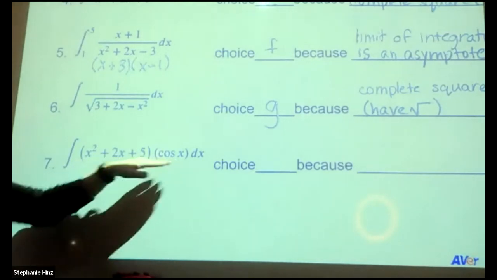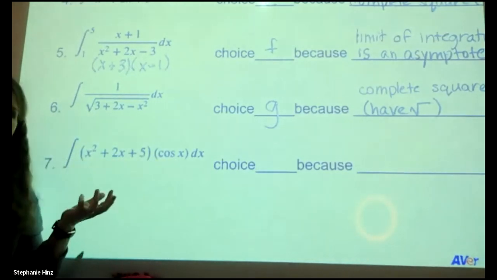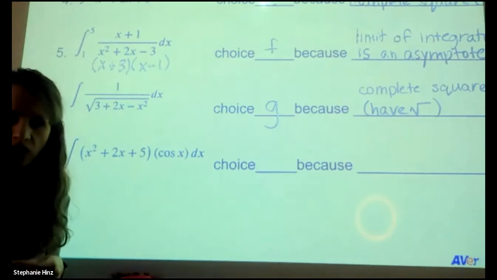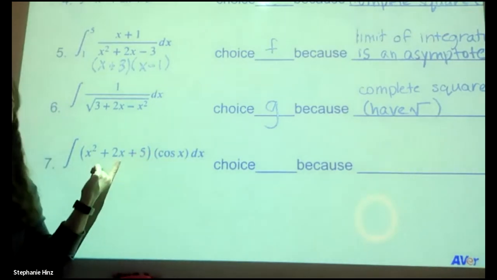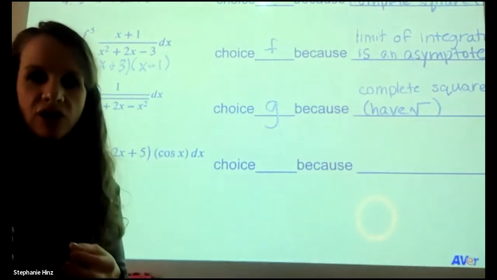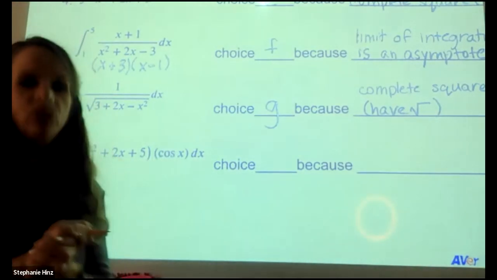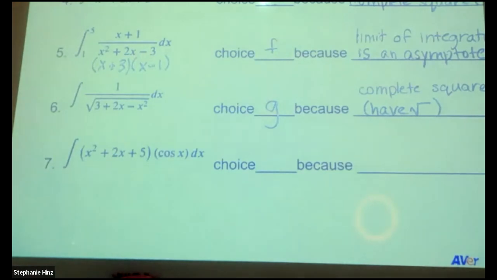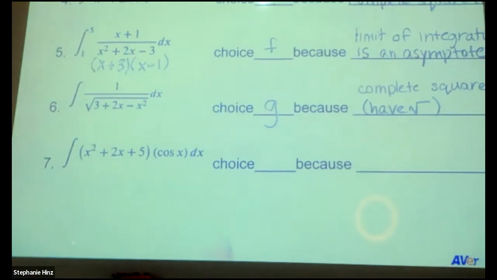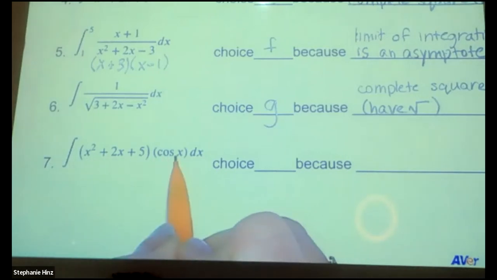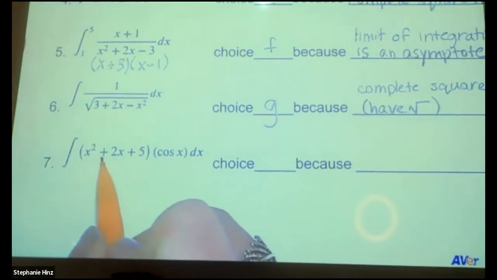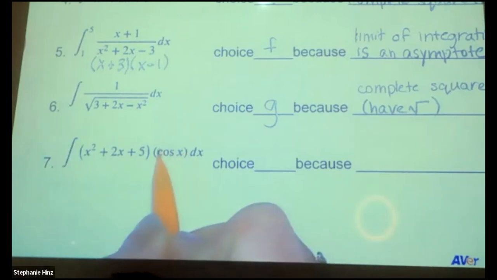We have multiplication. If this were a derivative, your brain is thinking, I need the product rule. And if your brain thinks, oh, I need the product rule, then in integration, about 98% of the time, you need integration by parts. Now, let me say that if this had happened to be 1 power down, if instead of x squared plus 2x, maybe you had 2x plus 2 right here, then it would have been a U substitution.